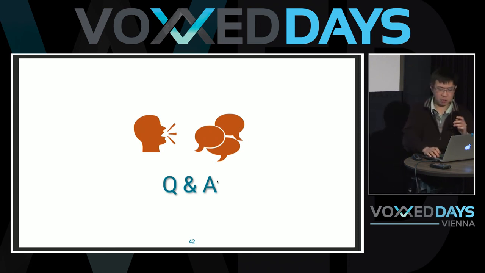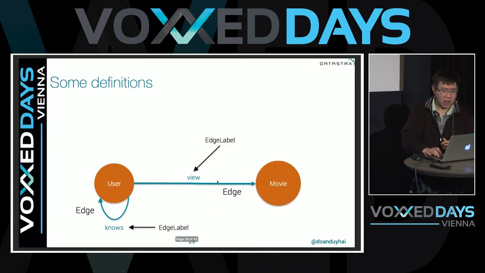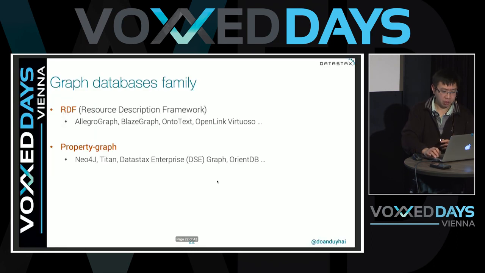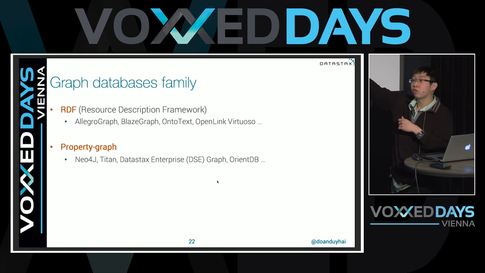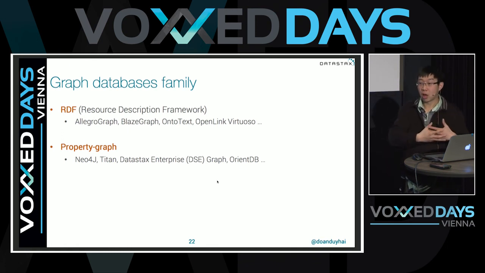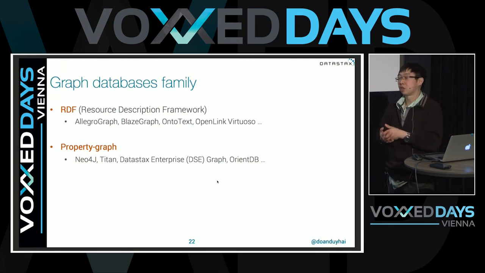So I think in my first slide, I listed some of them. So Neo4j, you can do this kind of query with Neo4j because Neo4j supports Apache TinkerPop. TitanDB supports Apache TinkerPop. Of course, DataStax Enterprise supports TinkerPop because I'm doing my demo with DataStax Enterprise Graph.